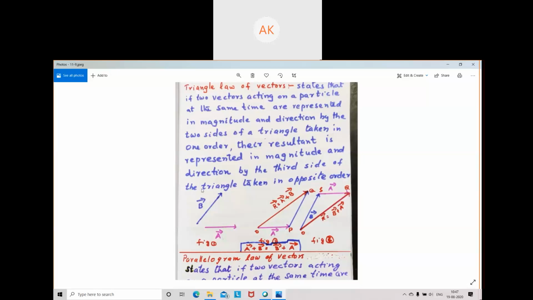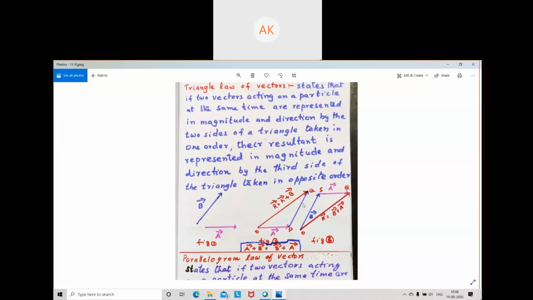Vector B is drawn as the second side of the triangle in the same order it is given. O to P, then that means tail to tip method itself. That is the same order: at the tip of vector A, tail of vector B is kept. So they are in the same order. Arrow mark you see, O to P, then P to Q. The arrow mark is in the same order.